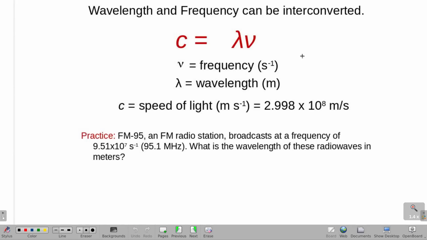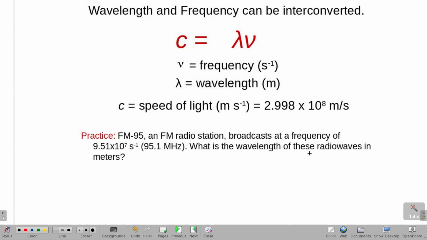All right. We can actually relate those in almost any case by giving you one of the two. So the practice problem down here at the bottom, I tell you that an FM 95 radio station actually broadcasts at 95.1 megahertz. So 95.1 times 10 to the 6th hertz.